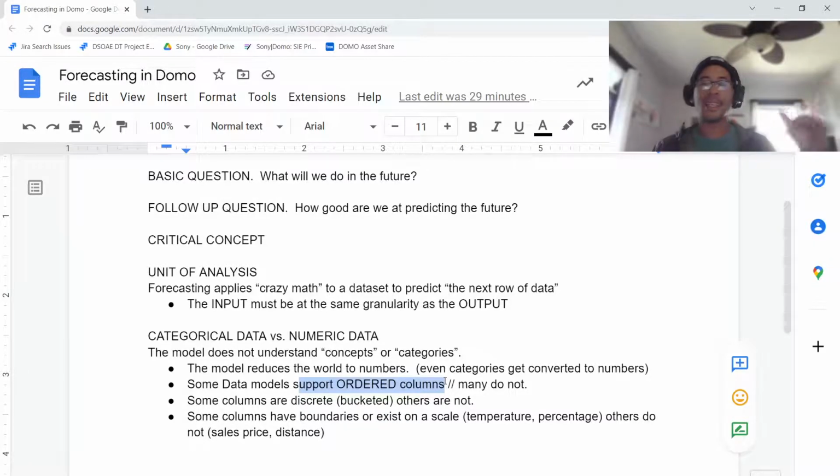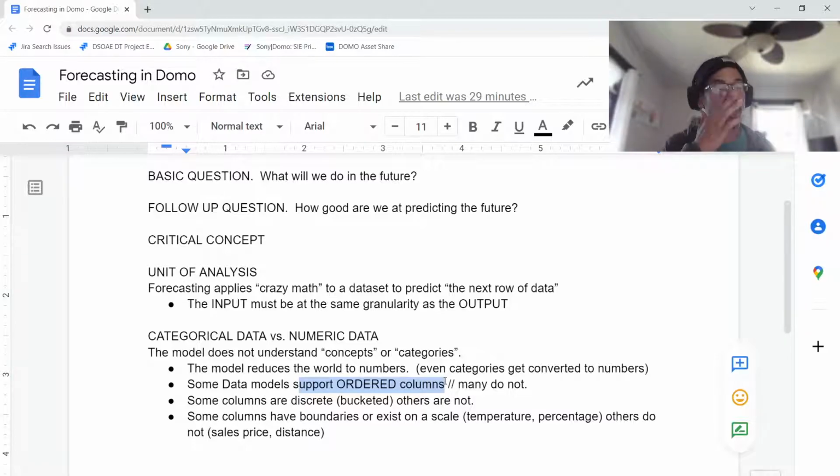So a date is obviously ordered. The first day, the second day, the third day, the fourth day, those dates are ordered. But cereal, what's another product category? Game, TV, mop, right? Those are categories that we're going to reduce to a number: 1, 2, 3, 4, 5, but they're not ordered in any kind of way. One is not better than the other.